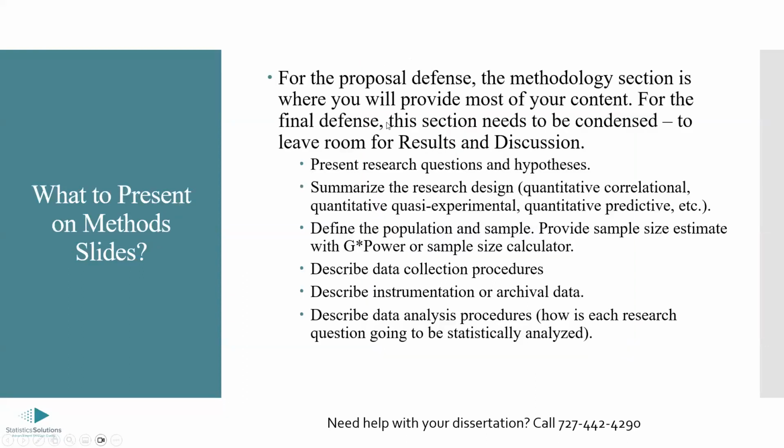And looking specifically at the method slides, what do we need to present here? So for the proposal defense, which is chapters 1 through 3, you need to provide your research questions and hypotheses. You want to summarize the research design, and you want to justify. A lot of the methodology comes down to justifying decisions. So you want to say, hey, I'm using a quantitative correlational design.